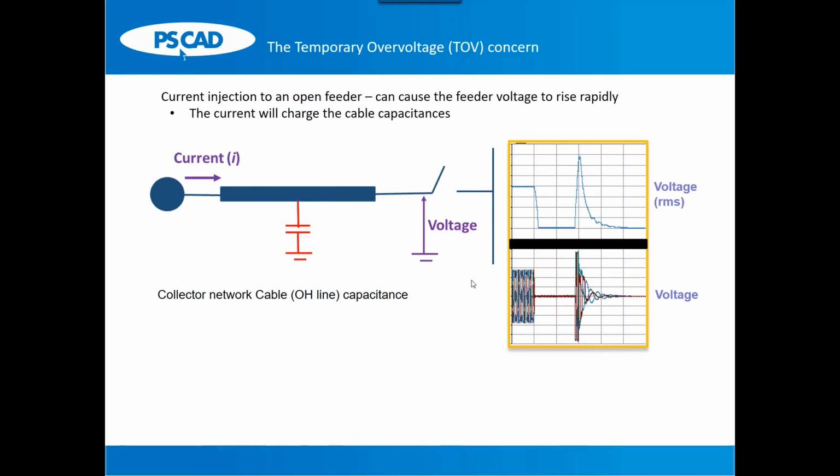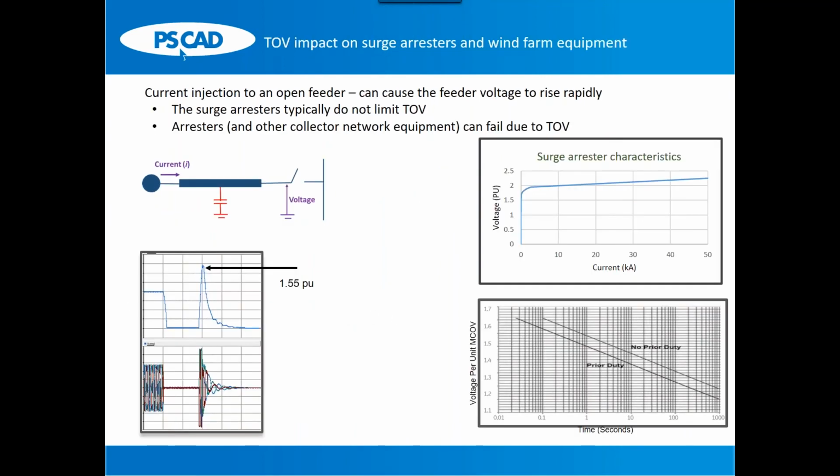So our concern is both the magnitude of this temporary overvoltage and its duration, how long it lasts and how fast it drops. If this temporary overvoltage is too high, and if it lasts for too long compared to the equipment TOV withstand capability, your surge arresters and maybe even cables can get damaged. So let us again look at some typical results.